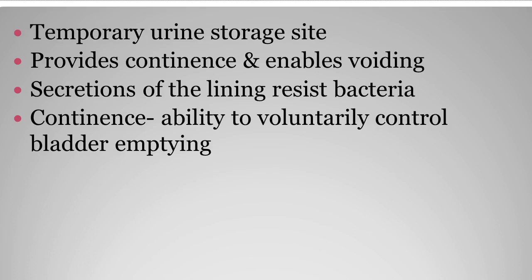And this is what exactly the bladder does. It's a temporary urine storage site, provides continence and enables voiding. Secretions of the lining resist bacteria. And continence is the ability to voluntarily control bladder emptying, which is controlled by a lot of things, our awareness, and also by the central nervous system.